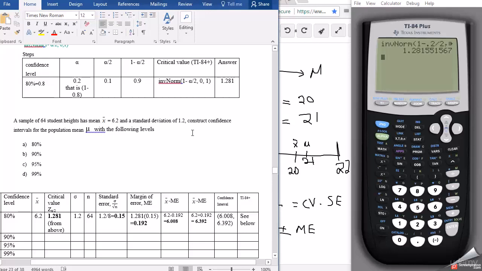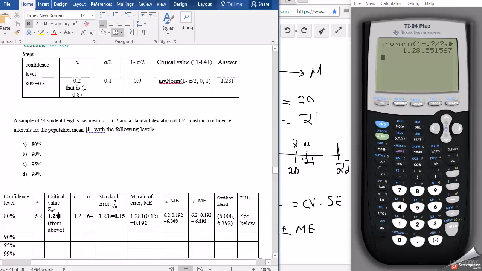We want to construct confidence intervals for the population mean with the following levels. First, the confidence level here is 80%, and you can see we already found the critical value. The sample mean is 6.2, the critical value is 1.281, the population standard deviation is 1.2, n is 64.